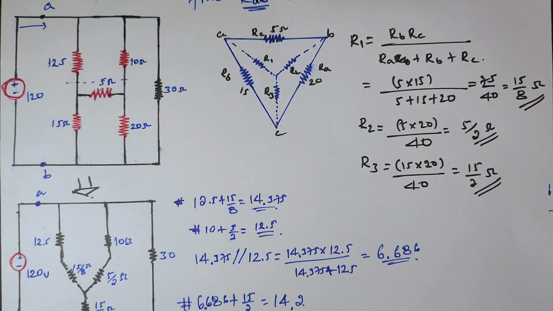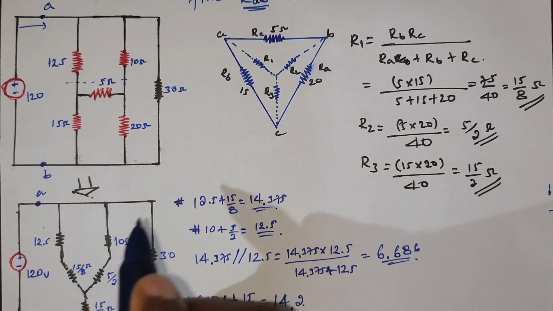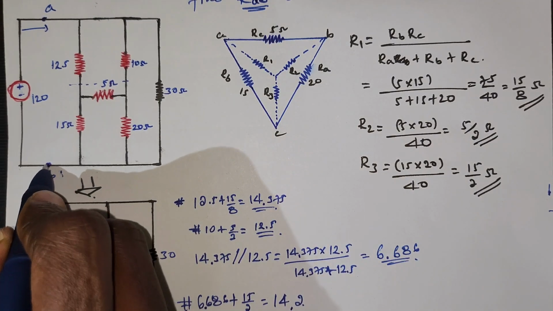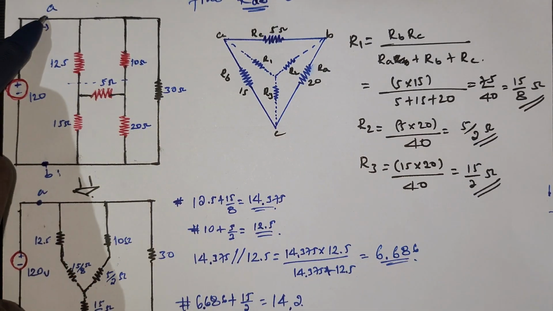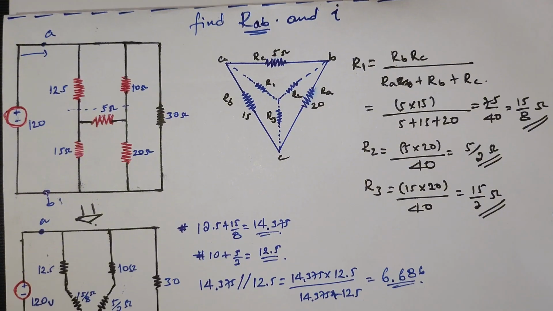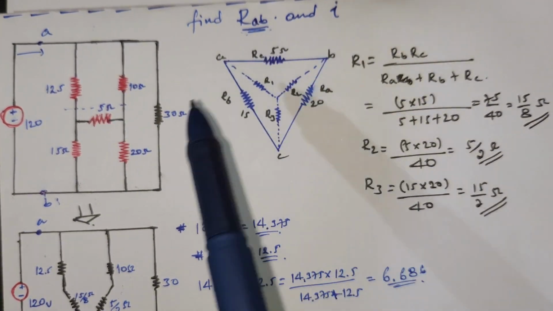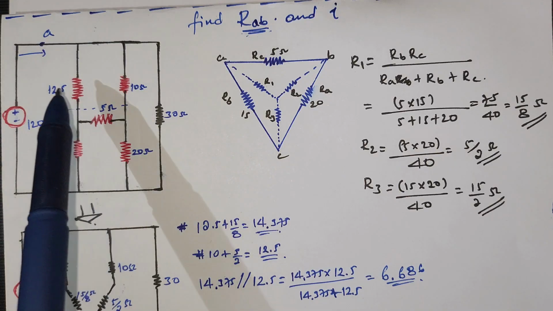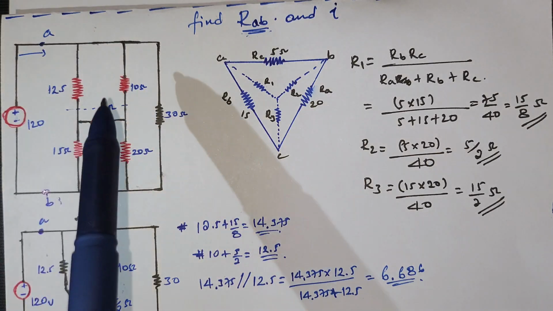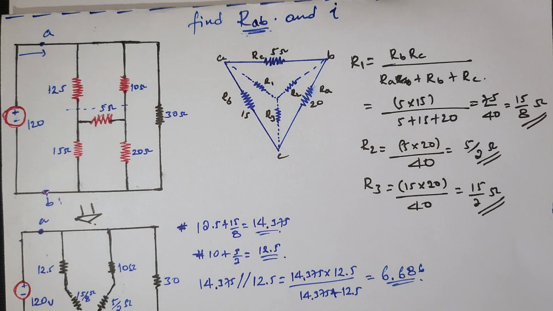This is the question. We are asked to calculate the equivalent resistor RAB between these two terminals. This is a bridge circuit. We are asked to find RAB, the equivalent resistance, and the current I after we calculate it.